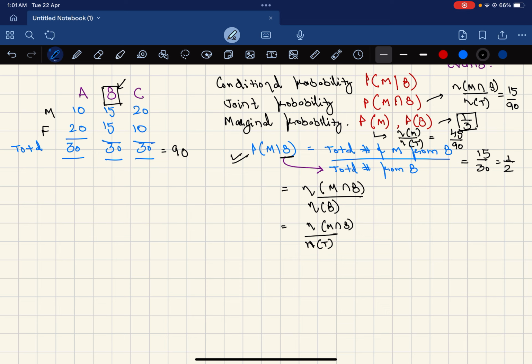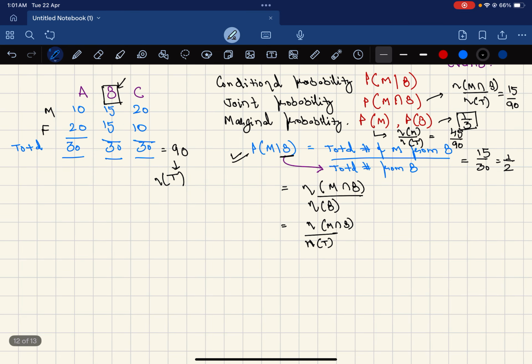Let's call it T, or NT, the total number of students. We then divide the number in class B by the total number of students across all sections. So we are just dividing both the numerator and denominator by this 90 value here, and therefore the value should still remain the same.